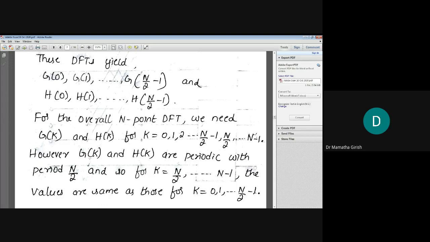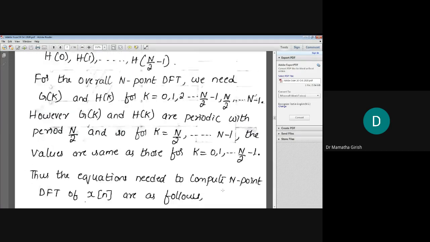Since the above two sequences are periodic in nature, they take the same values as from 0 to N by 2 minus 1. That is, k value N by 2 is equivalent to 0, N by 2 plus 1 is equivalent to 1, and so on. This is acquired based on the periodicity property.